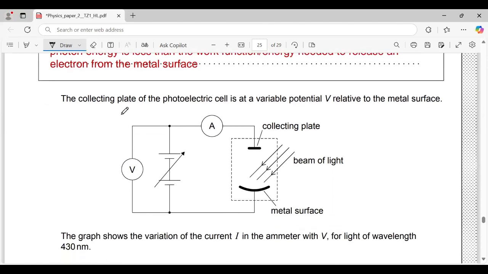The collecting plate of the photoelectric cell is at a variable potential phi relative to the metal surface. This is the diagram. The graph shows the variation of the current I in the ammeter with phi for light of wavelength 430 nanometers.